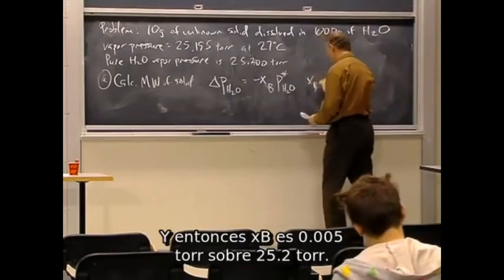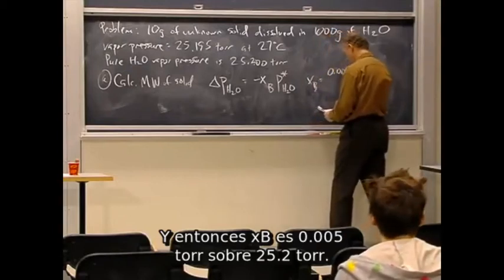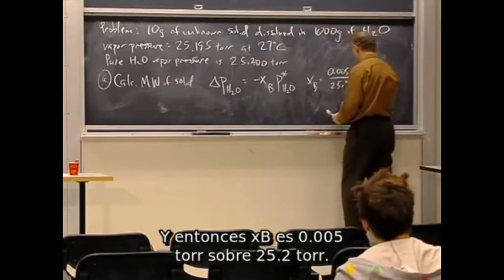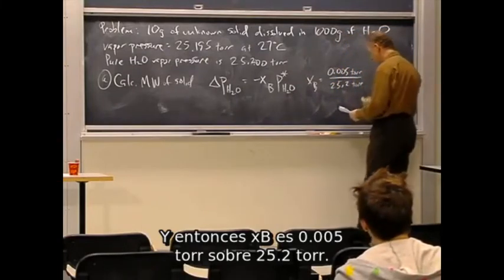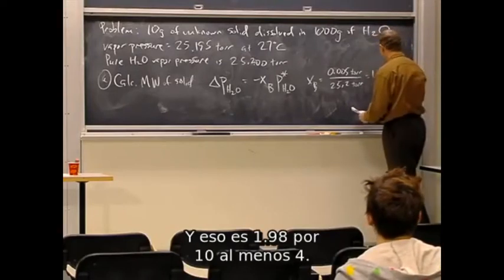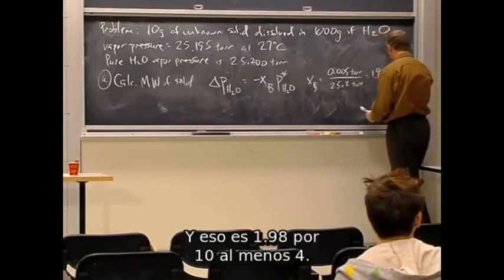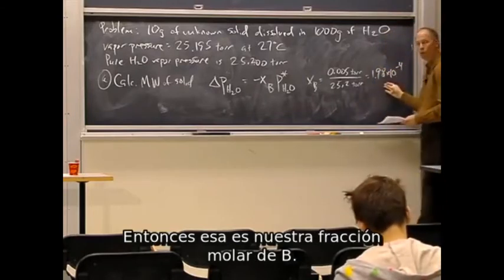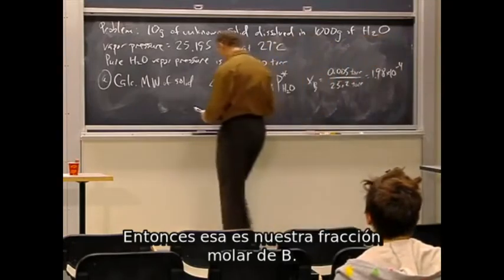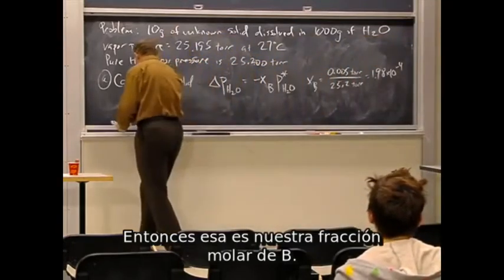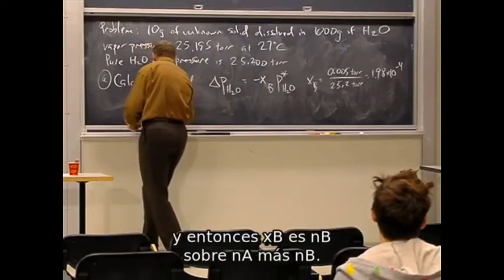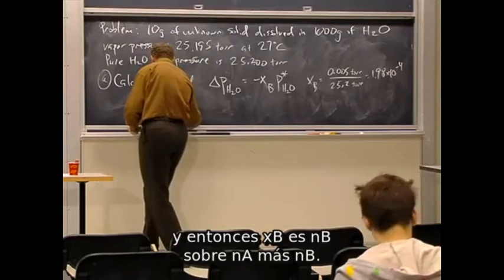And XB is 0.005 torr over 25.2 torr. And that's 1.98 times 10 to the minus 4, so that's our mole fraction of B. And then XB is NB over NA plus NB.